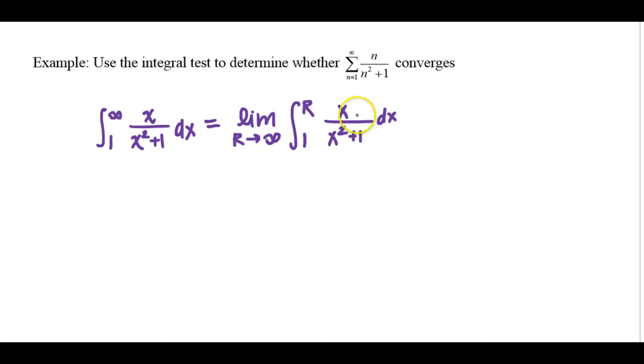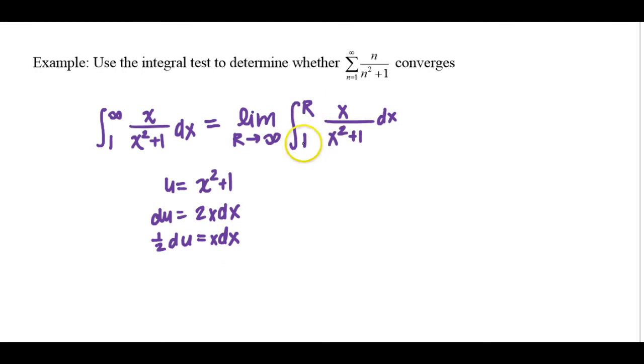And so now, to solve this definite integral, I'm going to need u-substitution. So I'm going to let u be x squared plus 1. So du is 2x dx. And I only need my x dx, so 1/2 du is x dx. Now, since this is a definite integral, I am going to need to change my limits of integration.